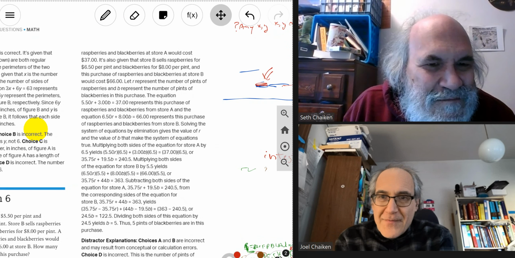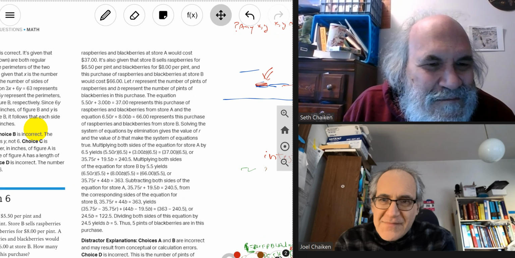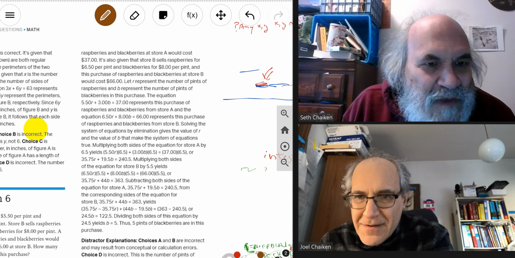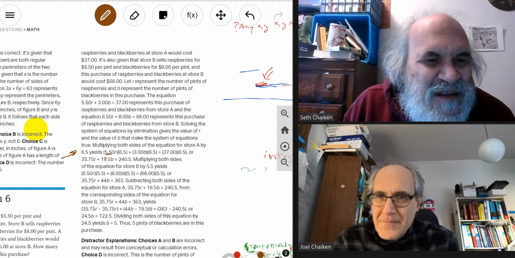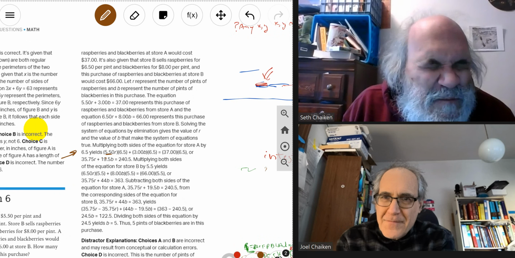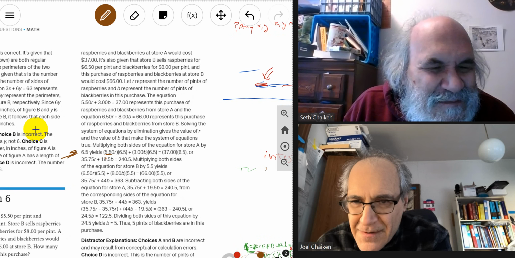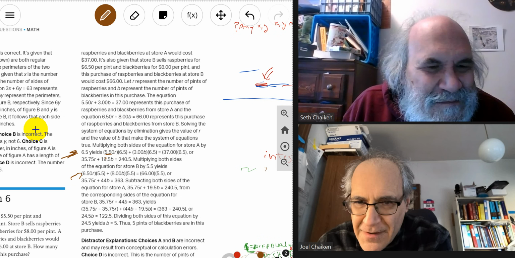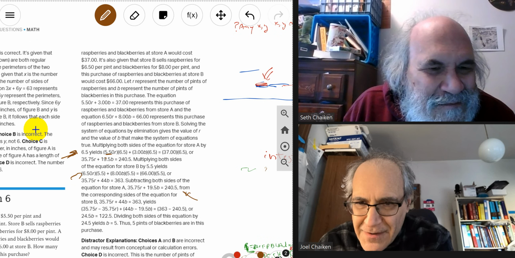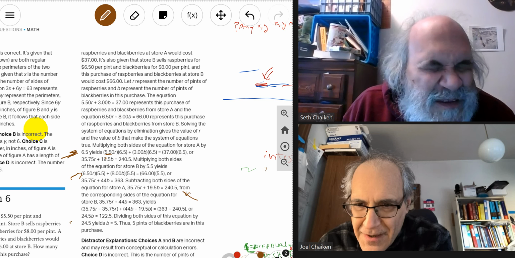I don't see any shortcuts here. Look, that's what we did, right? It says solving the system by elimination. That's what we did.